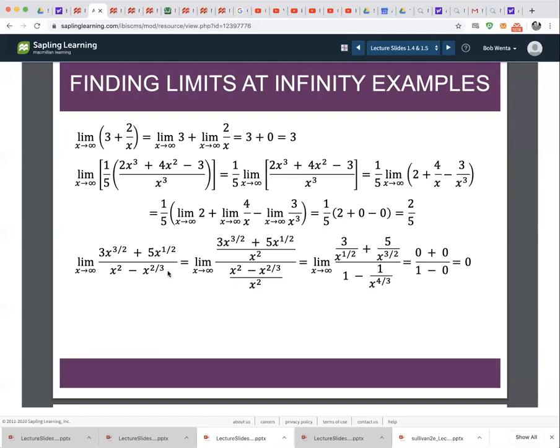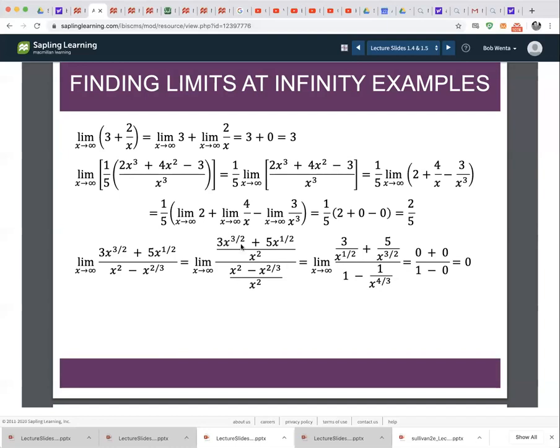Okay? Now, check out what they do on this one. Notice the largest power. We've got 1.5, a half, 2/3, and 2. The largest exponent is 2. So if you divide the top by x squared and divide the bottom by x squared, in other words, each term by x squared, you end up with 1.5 over 2, which is 1/2 left over on the bottom.